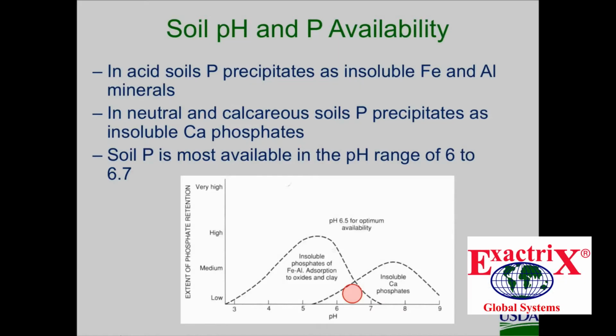It's not soluble. In alkaline soils, it precipitates as calcium phosphate. Solid, not in solution. Remember, plants take up the phosphorus from solution. You've got to be able to get it to come from the soil solids to the solution in order for the plant to get it. So because of that, the recommended ideal pH for phosphorus availability is between 6 and 6.7. That's your sweet spot.